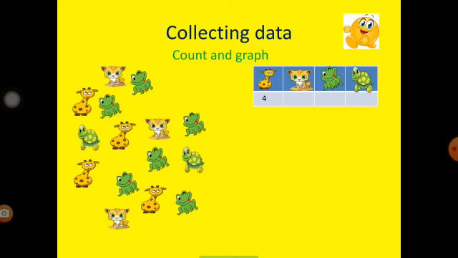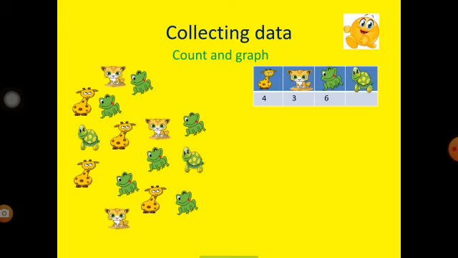Okay, now who can tell me how many cats? 1, 2, 3. Excellent! I have 3 cats. Who can tell me how many frogs? 1, 2, 3, 4, 5, 6. It's 6. Super! I have 6 frogs.